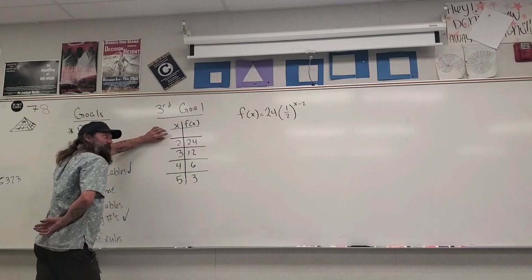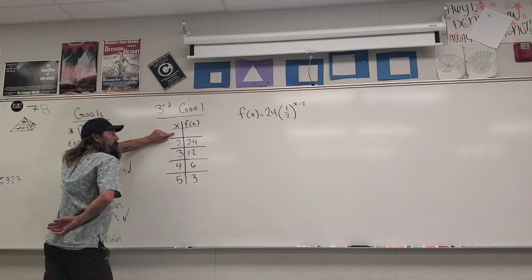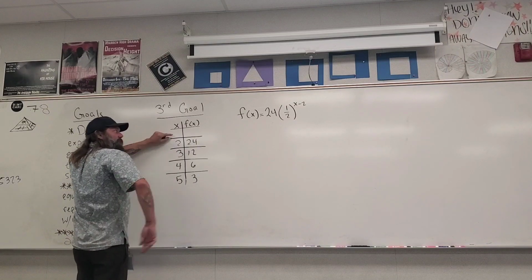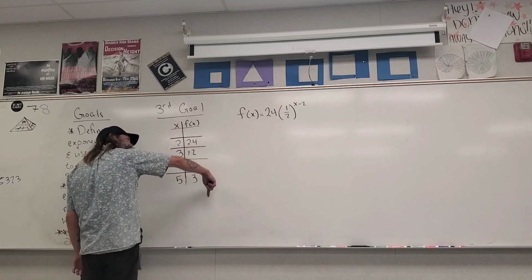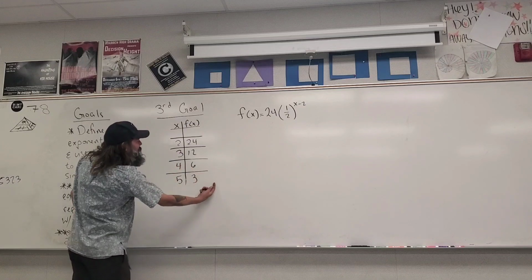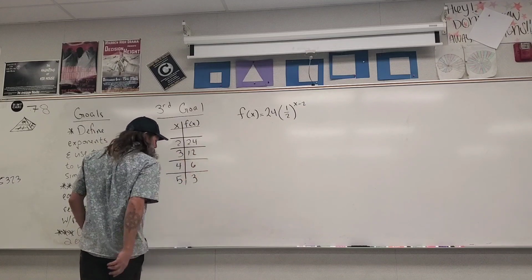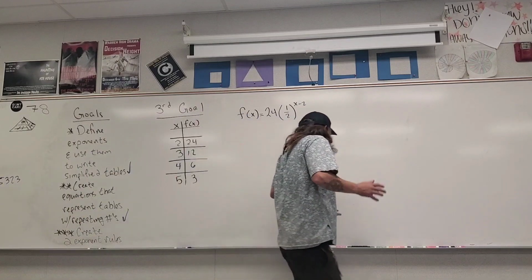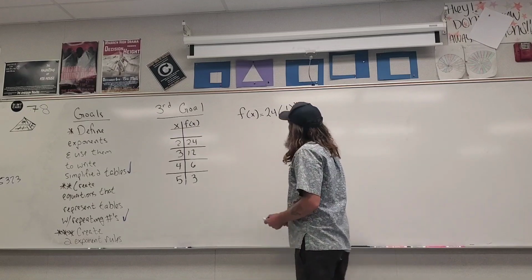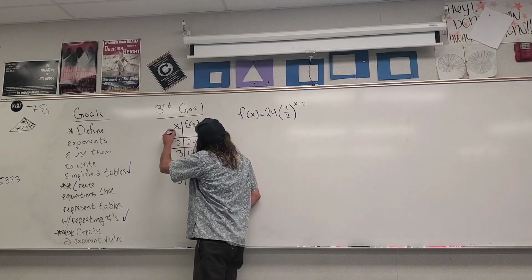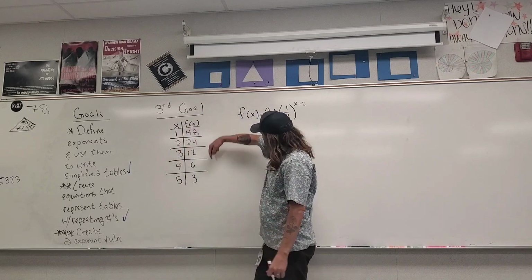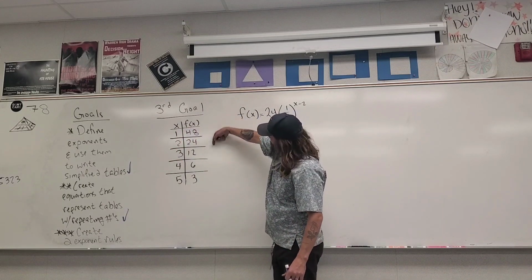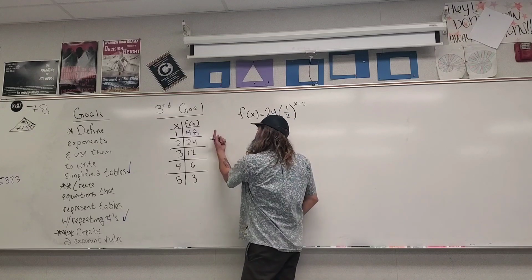I didn't put values in here, and I'm hoping we can figure out what value for x goes here and what value for f of x goes here. If I'm going in this direction, it gets smaller by 1/2. So if I go in this direction, it doubles. So hopefully you understand why I can put 1 and 48. The pattern continues this way and also works that way.